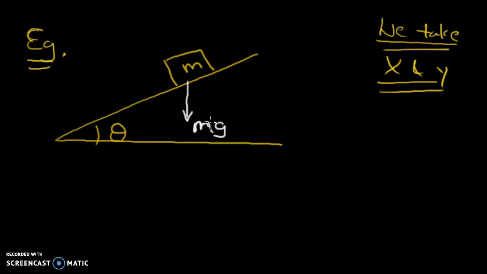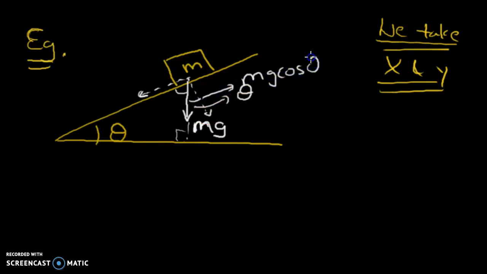Mass is not a vector, but weight is a force, so it is a vector. I can resolve it in two directions: one perpendicular to the plane, and one along the plane. This angle is theta, this is 90, this is 90 minus theta, and this angle is again theta. So the component perpendicular to the plane is mg cos theta, and the one along the plane is mg sin theta.